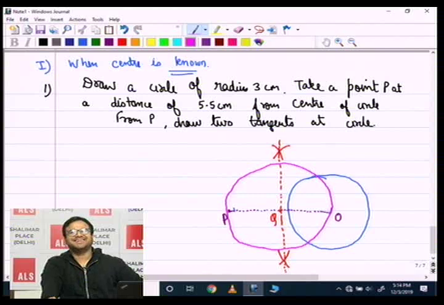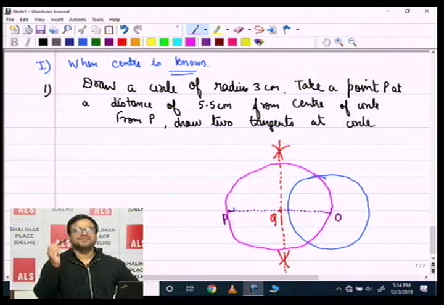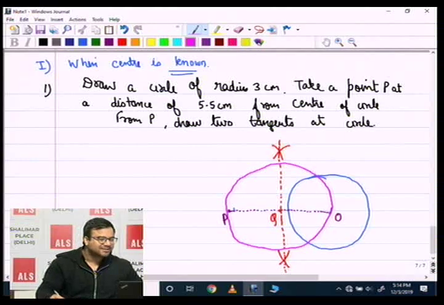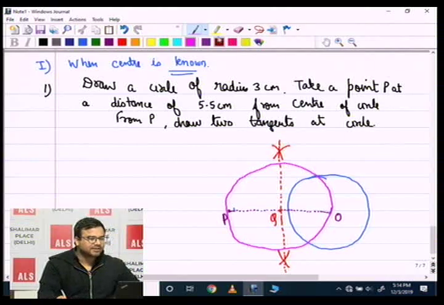Yeah, it looks like a roti. See, I am drawing it freehand with this pen. You have the compass, and there is no option for drawing it in this one. Let me see.